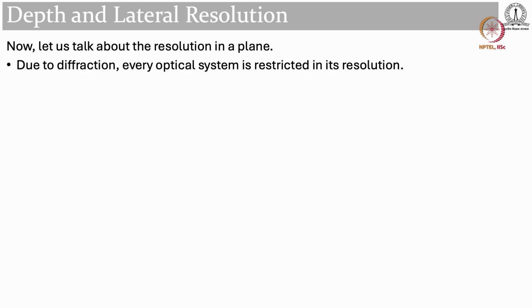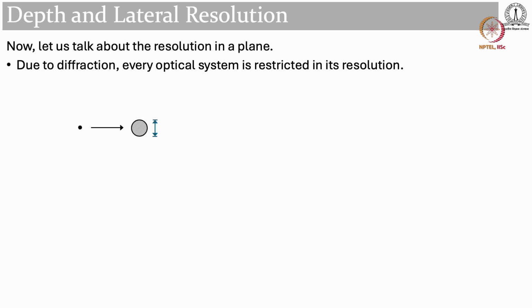If you have studied optics previously, you must know that due to diffraction of light, every optical system is restricted in its own resolution. By this I mean that suppose you have a point object in the object plane and you want to see it in the camera sensor or the image plane, you won't see it exactly as it is.